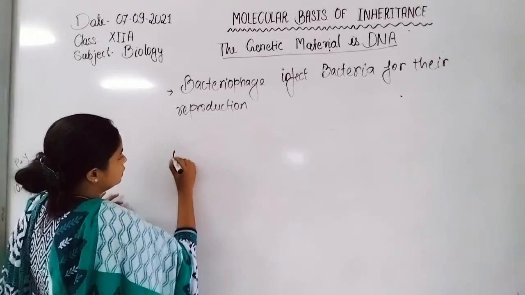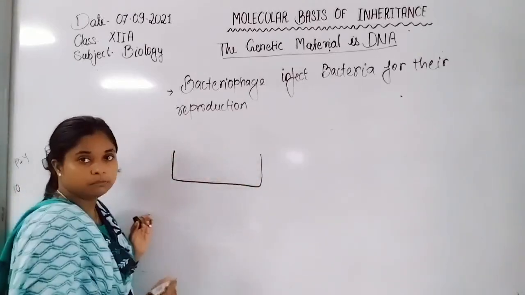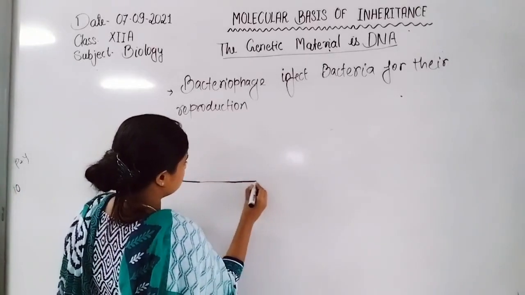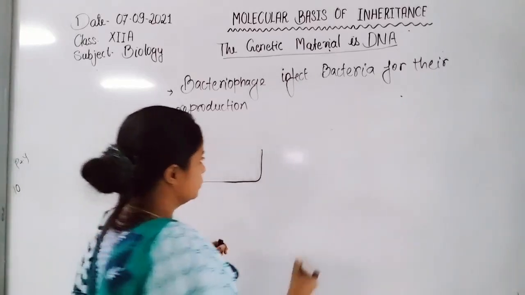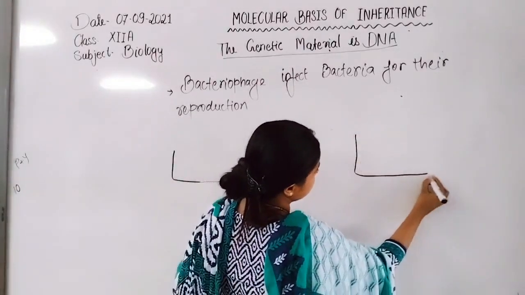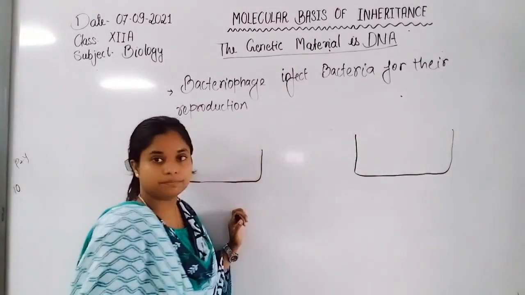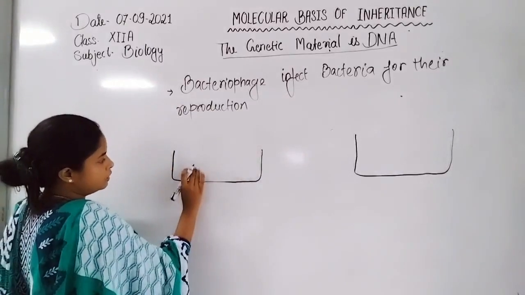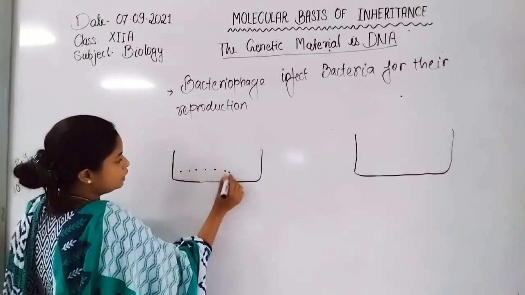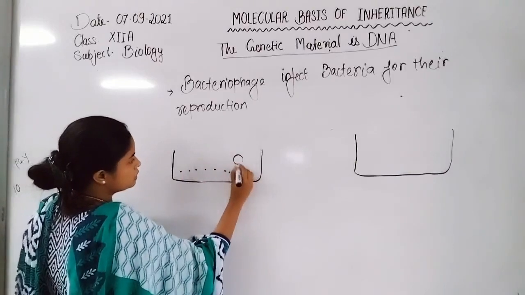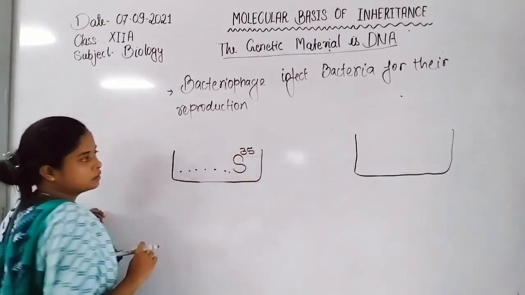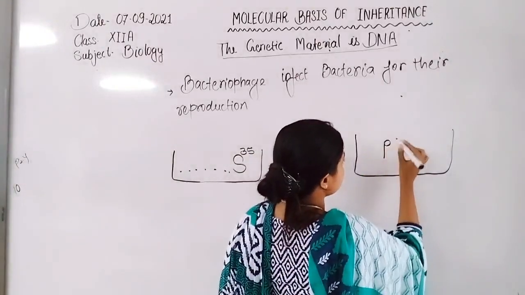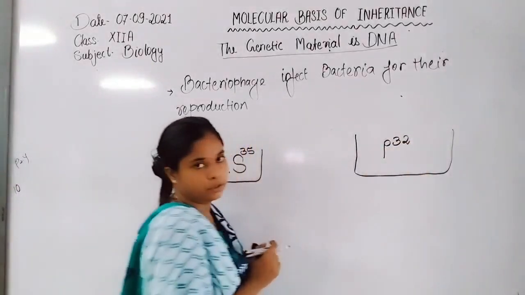For example, this one is the first type of culturing medium, and this is the second culturing medium. In the first type he used radioactive sulfur. In the second type of culturing medium, he used radioactive phosphorus.